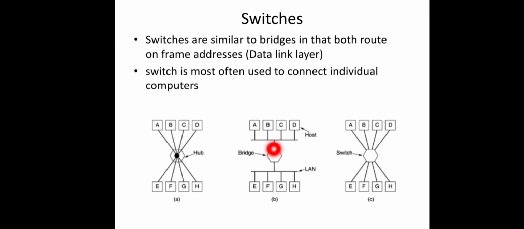Suppose this is port 1 and this is port 2 for this bridge, and on port 1 it receives a frame whose source address is A and destination address is, say, H. Suppose there is no entry corresponding to A. The bridge will learn that A belongs to the network on port 1.